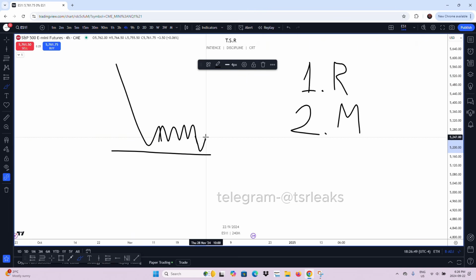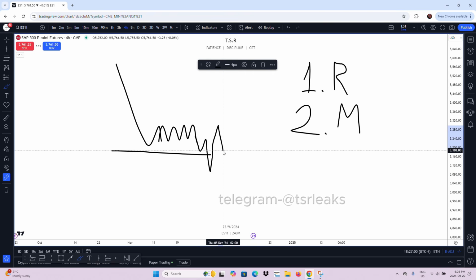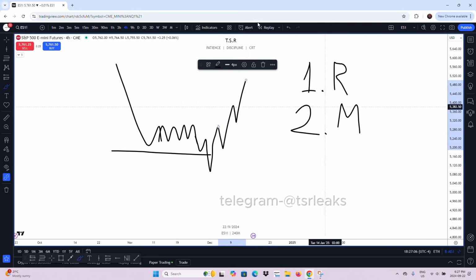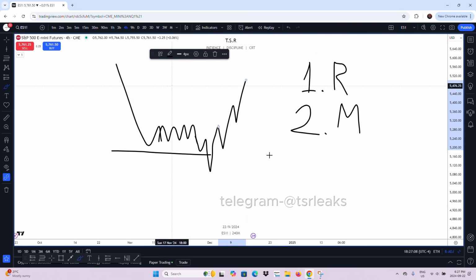Traveling down to the key level, back up into the key level, manipulating back up above the high that broke the low, CSD, order block entry, breaker, OTE, and so on and so forth. So that's the basics of a range manipulation expansion movement.